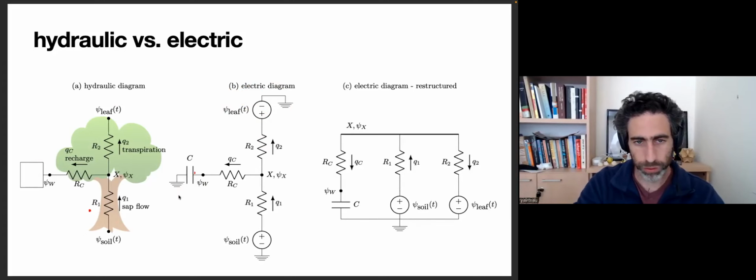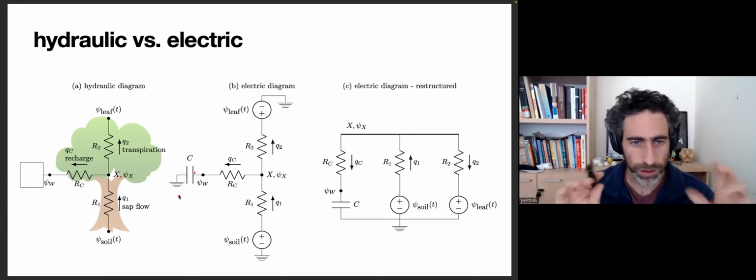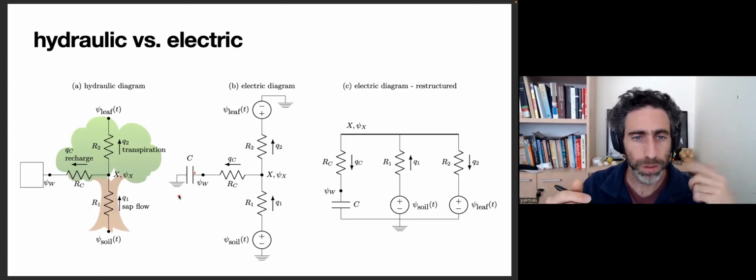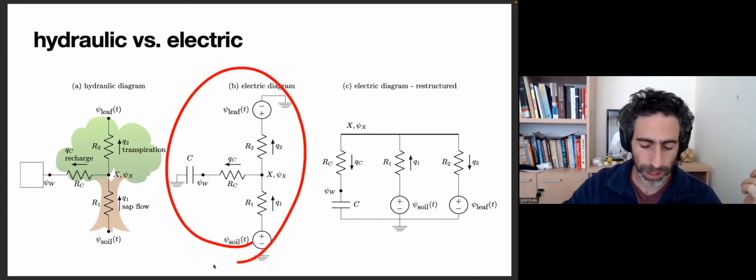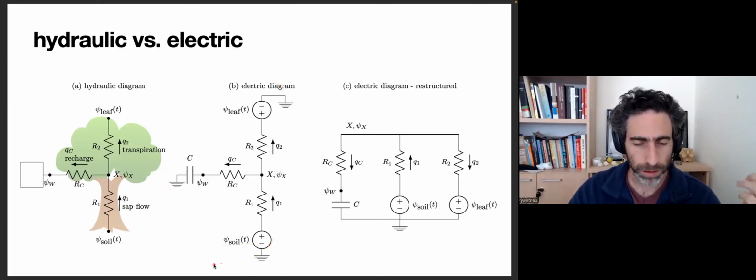So those two figures look alike, and I just made the necessary changes from the hydraulic to the electric picture. I go one step further because once I have the electric description, those are just wires that conduct, well, you can think of water or electrons. It doesn't matter right now.